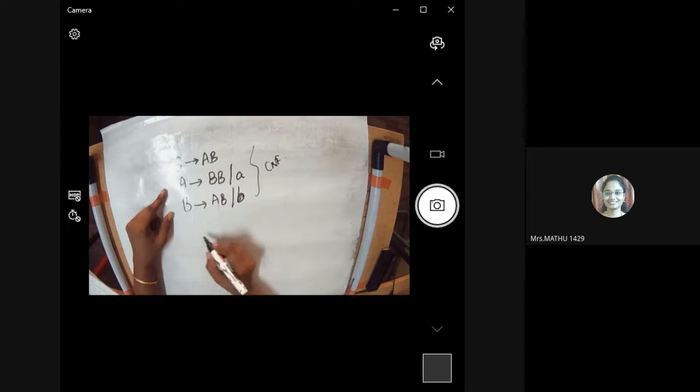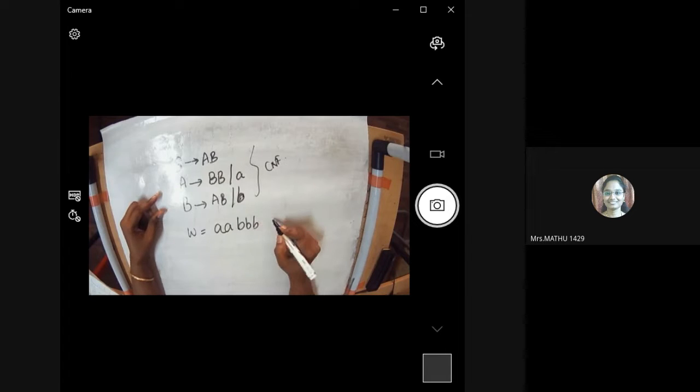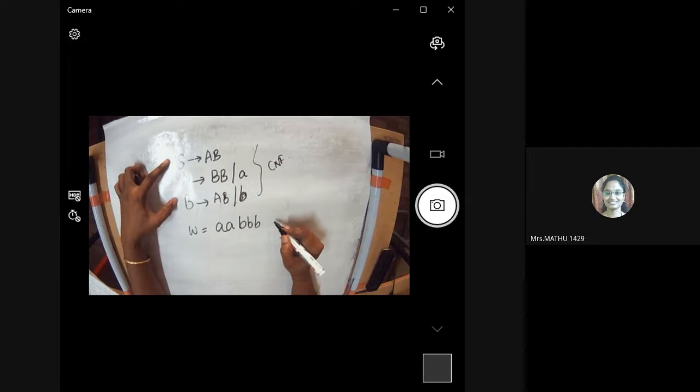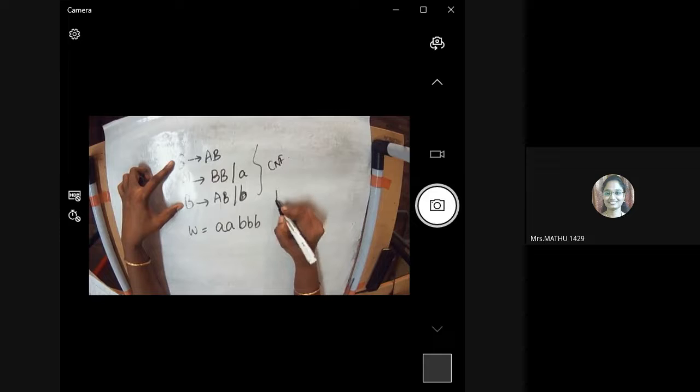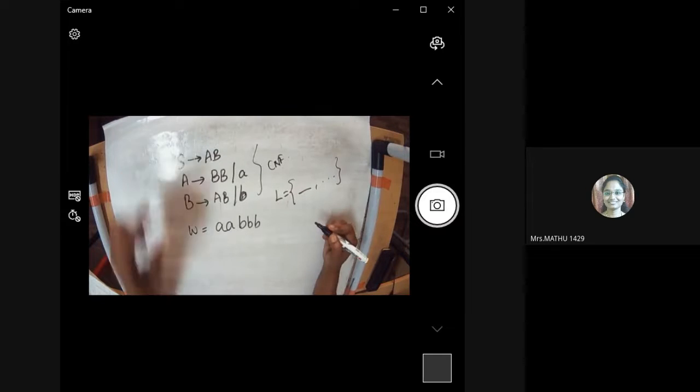Now the string given is that we need to check whether the string w equal to aabbb is a member of the language generated by this given grammar. If you generate the sentences or strings using this grammar, you will get a language, a set of strings.